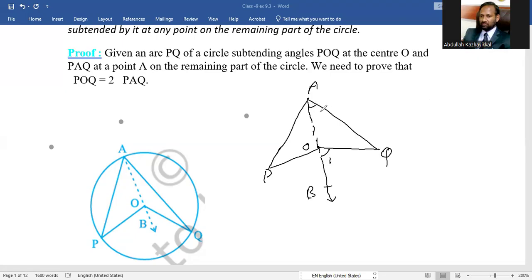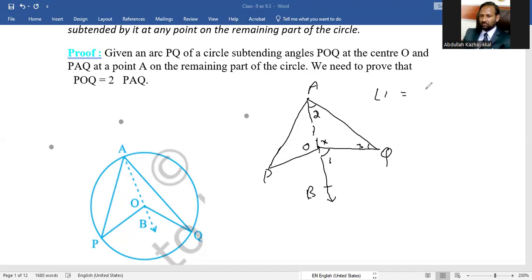The exterior angle is equal to the sum of the interior opposite angles, angle 2 and 3.